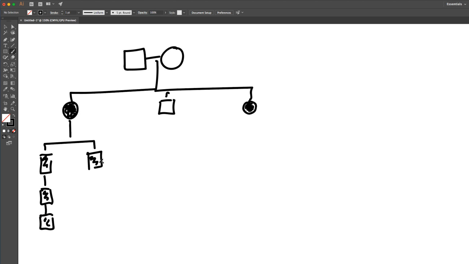This son has a son who's not afflicted, and a daughter who's not afflicted, who marries a person who's afflicted, and their son is afflicted.